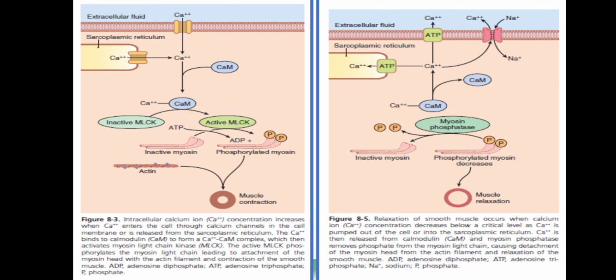As the calcium level is pumped out, calcium ion is released from calmodulin. So when the calcium ion is scarce, it is released from calmodulin, and myosin phosphatase removes phosphate from the myosin light chain, isn't it? This causes detachment of the myosin head from the actin filament, relaxing the smooth muscle.